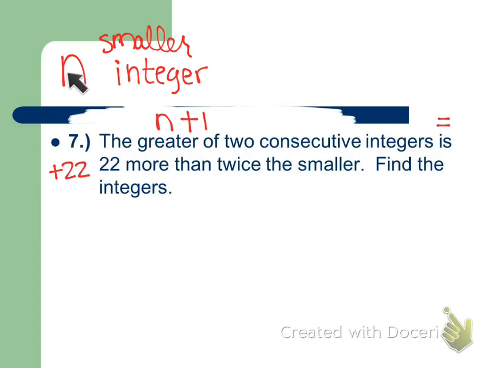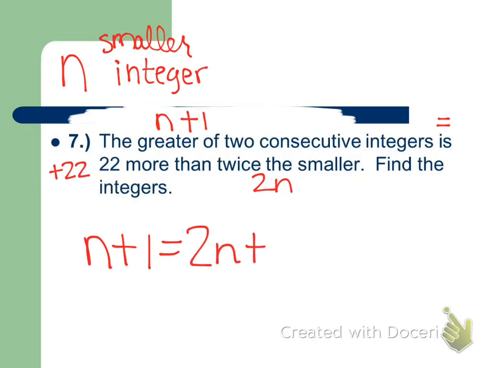And we already said the smaller integer is n. So 2n. Find the integers. All right, n plus 1 equals, but what do you think we need to do with this side over here? Yep, we need to rearrange them to 2n plus 22.